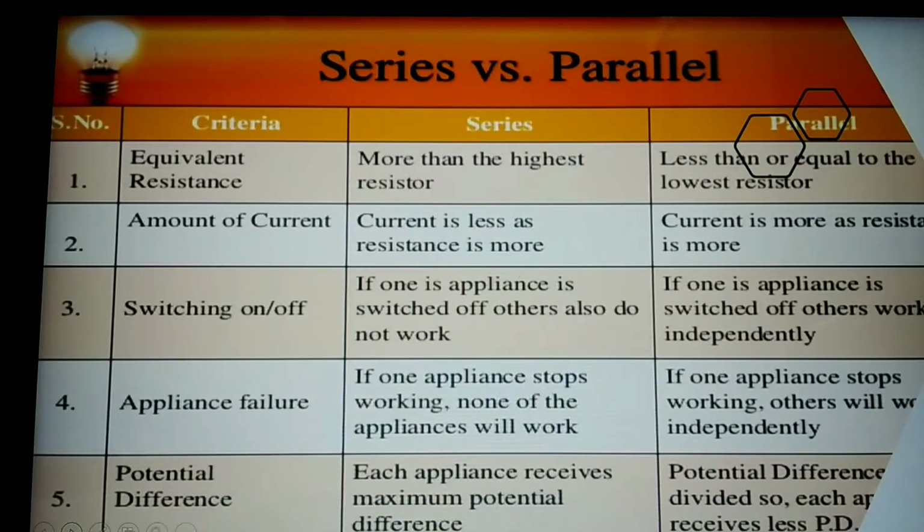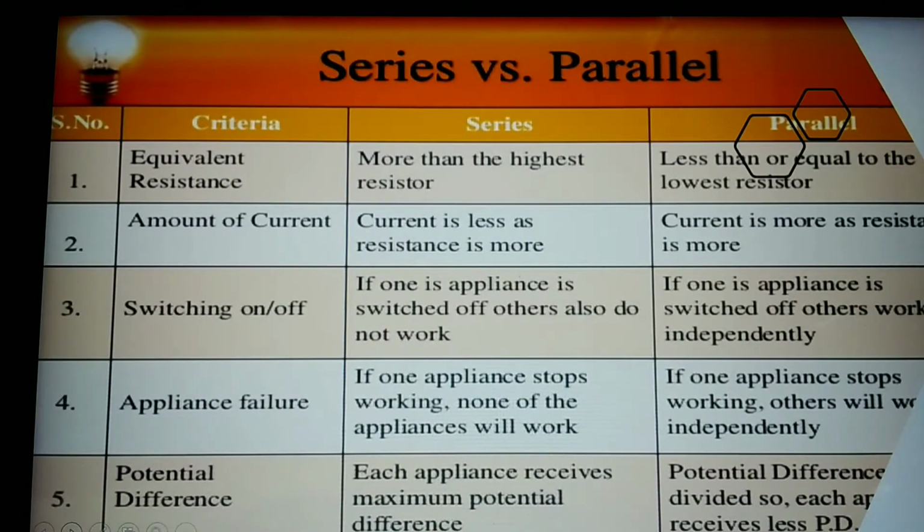Now, series combination versus parallel combination. Criteria, parameters: equivalent resistance. In series, it is more than the highest resistor, whereas in parallel it is less than or equal to the lowest resistor. In series, the amount of current is less as resistance is more, whereas in parallel, current is more as resistance is less.